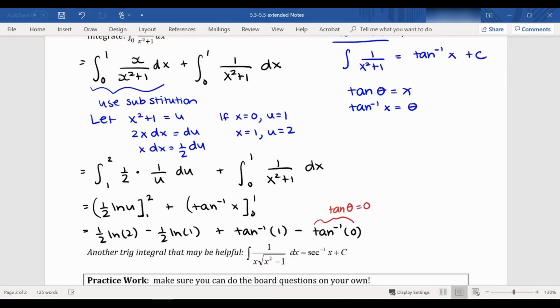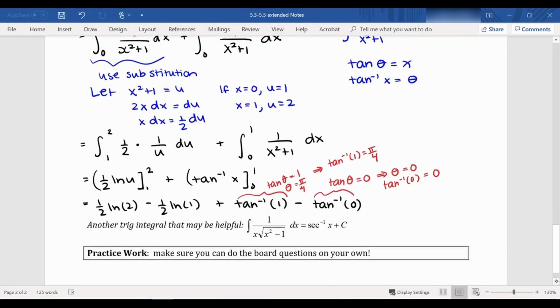And tan of 0 is equal to 0. So that means that inverse tan of 0 is equal to 0. And for this one here, I want to know tan of what gives me 1. And in that case, theta would be pi over 4. So inverse tan of 1 is equal to pi over 4.